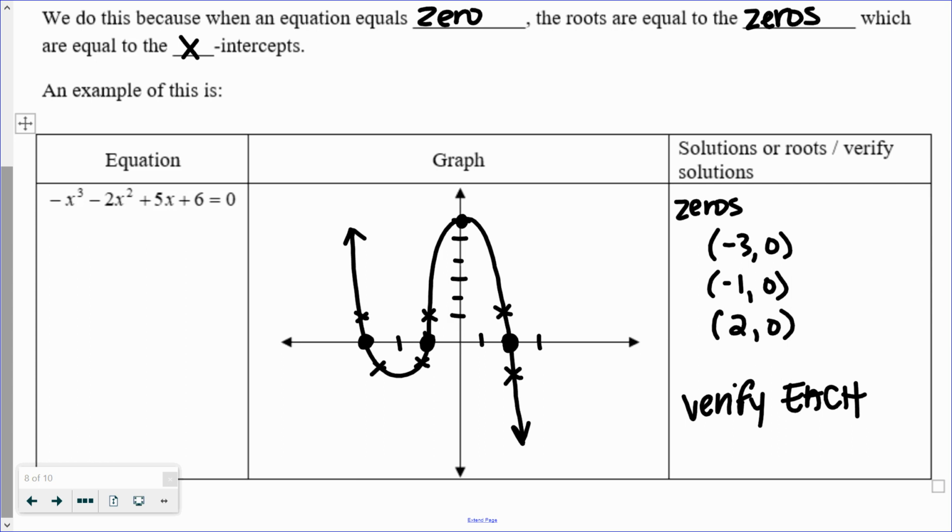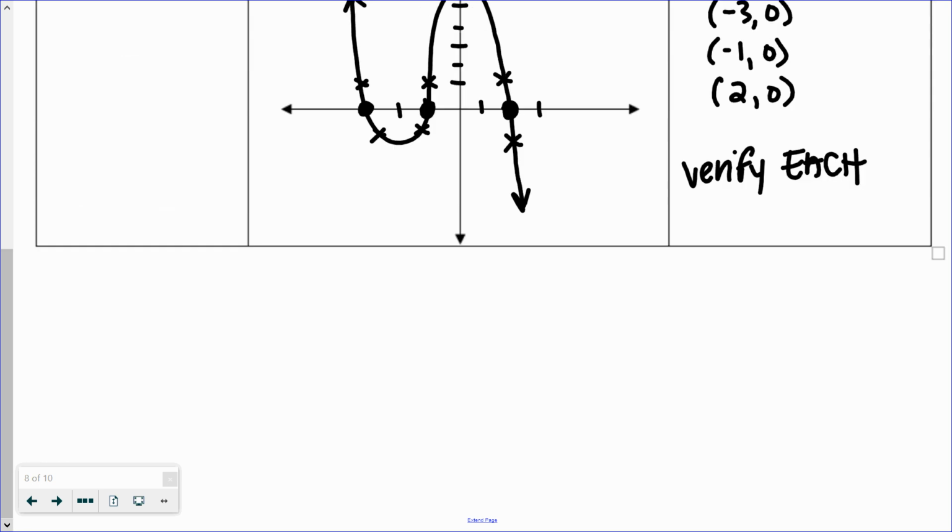So just to give you an idea what I mean, since I haven't really been doing it, let's verify that first zero that we have. That first zero we had as -3. So anywhere there's an x, I'm going to put in a -3. So (-3) cubed minus 2 times (-3) squared plus 5 times -3 plus 6.